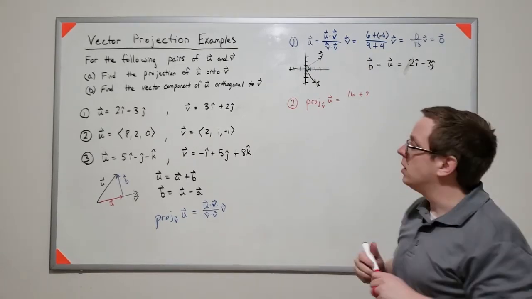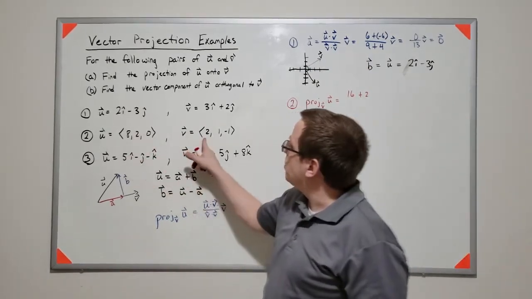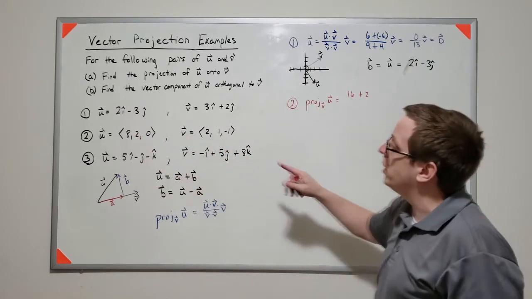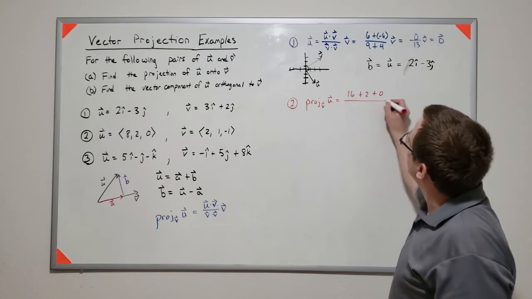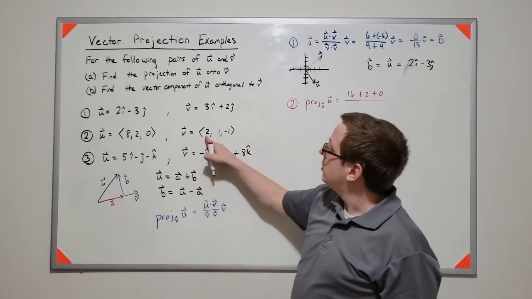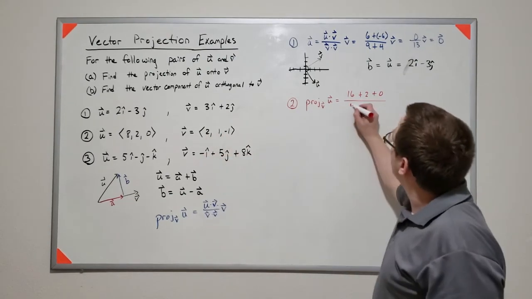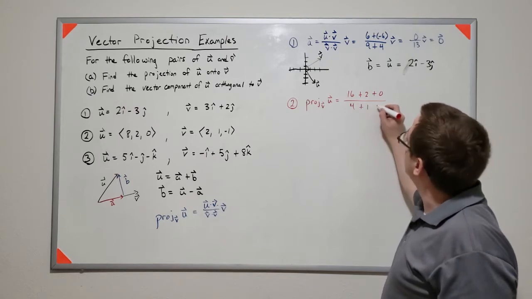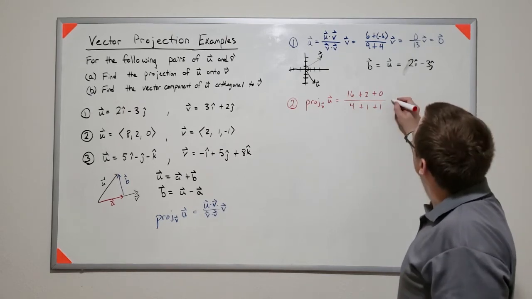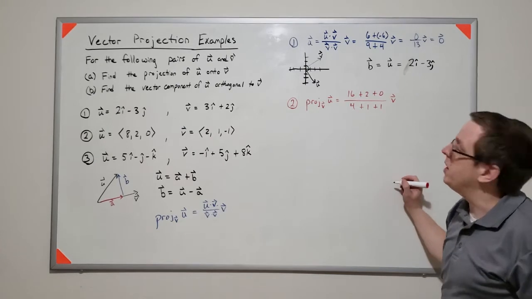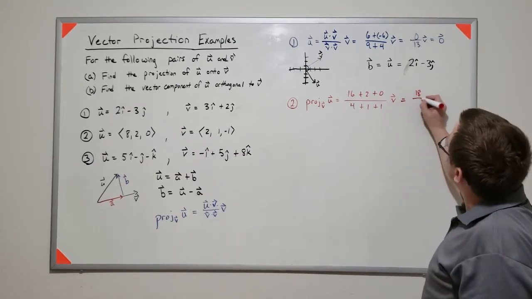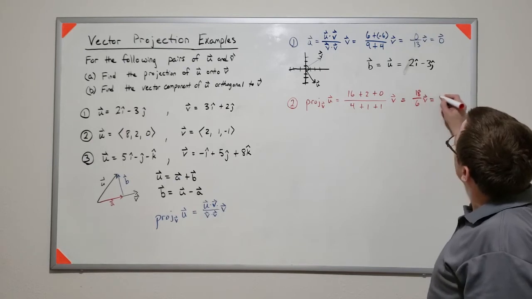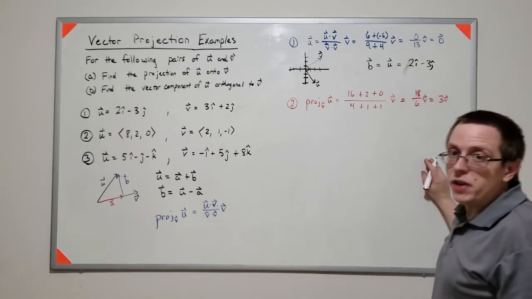U dot v. So 8 times 2, 2 times 1, and 0 times negative 1. So that's 18 over v dot v, so 4 plus 1 plus 1. And again, that's multiplied by v. So that's going to be 18 over 6 v, which is 3v.